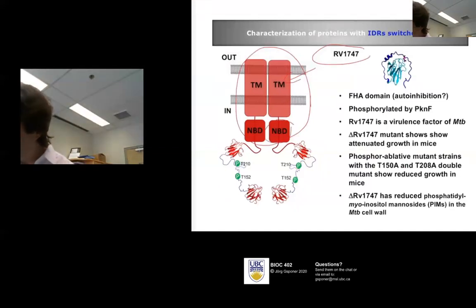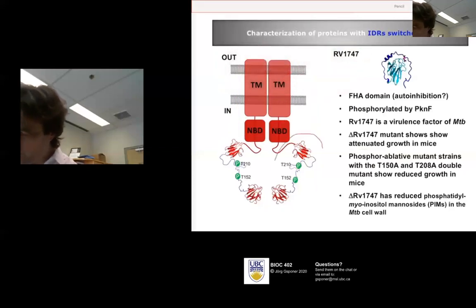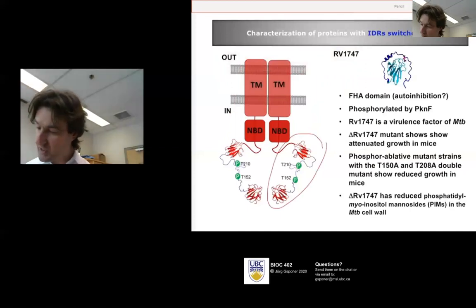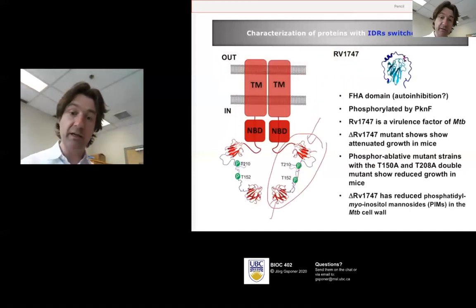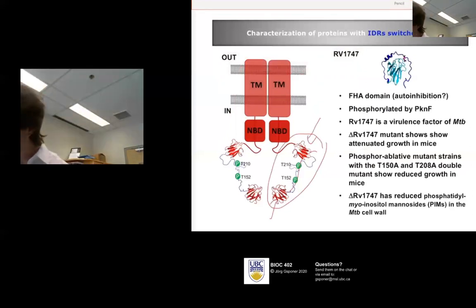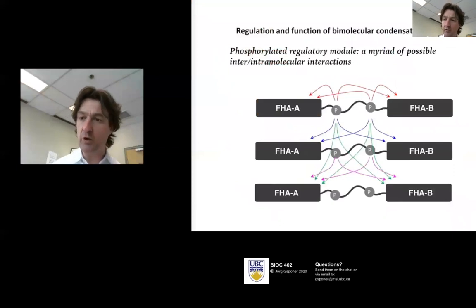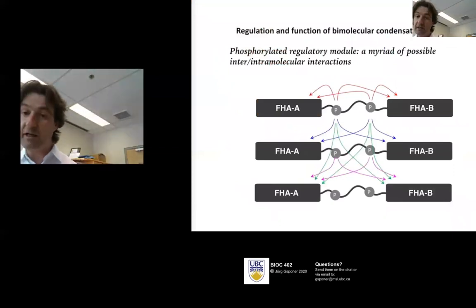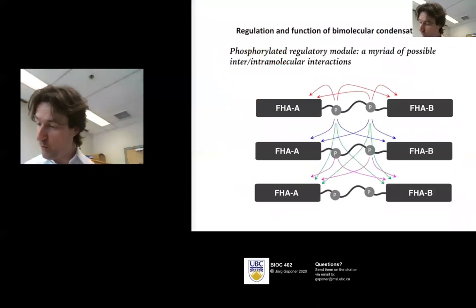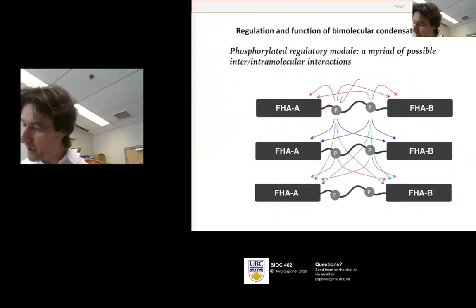So we first started studying this system from the cytoplasmic side, where we expressed constructs that contain both of these FHA domains plus the intervening linker. And with the help of nuclear magnetic resonance spectroscopy and molecular dynamic simulation, we studied what happens when one phosphorylates that linker between the two FHA domains.